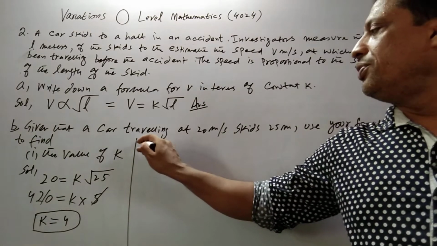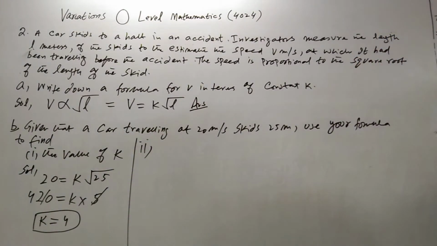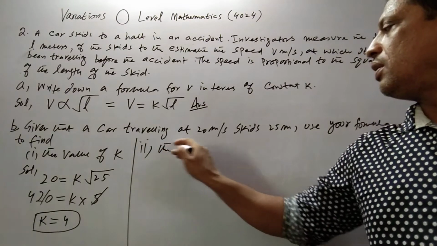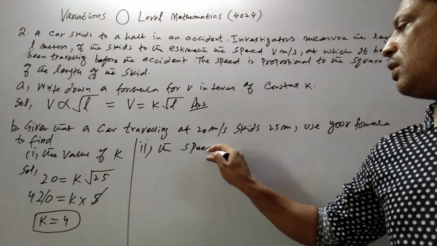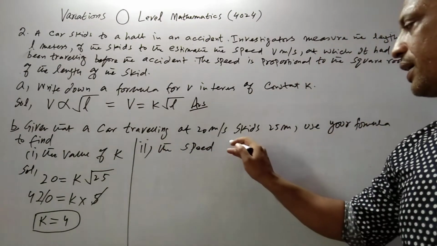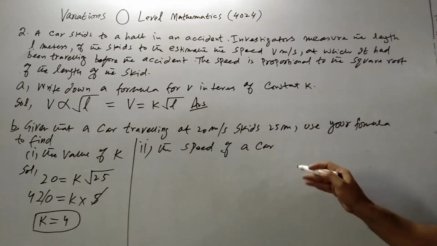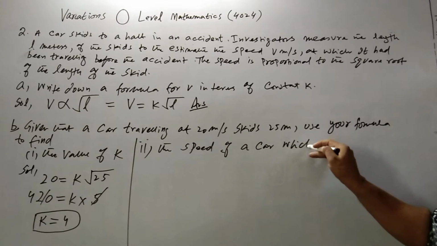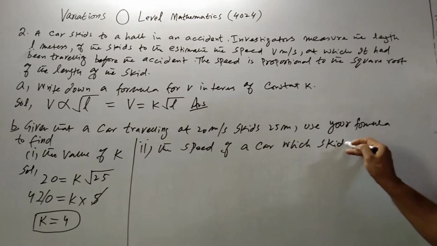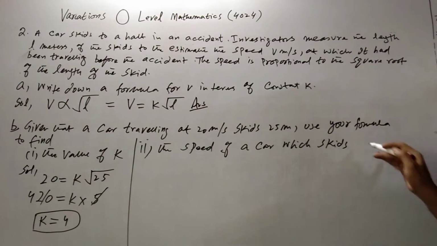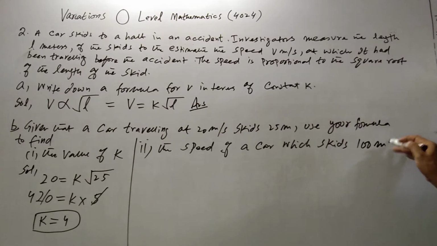Come to part 2. Part 2 of the question is the speed of a car which skids 100 meters. Very easy.